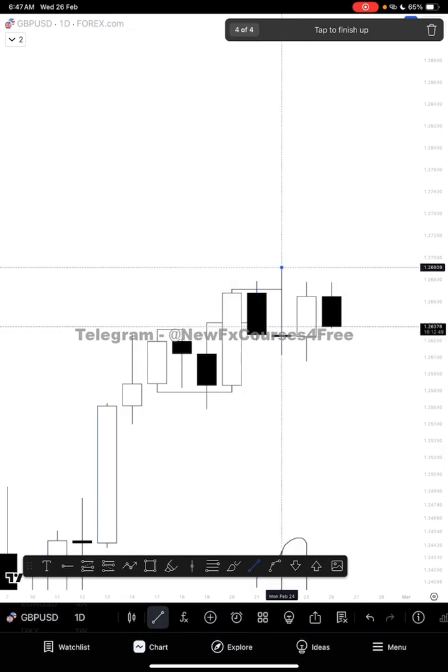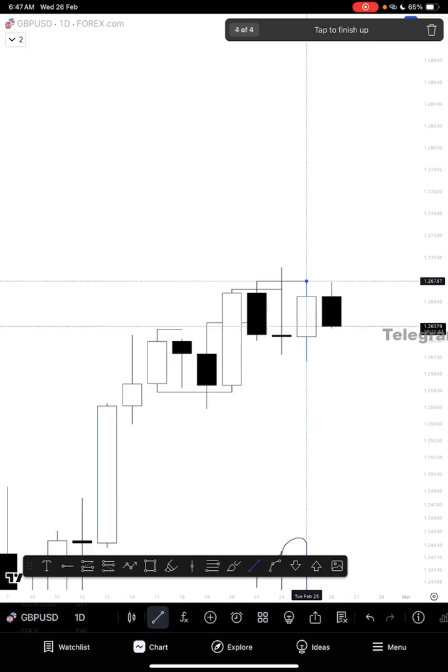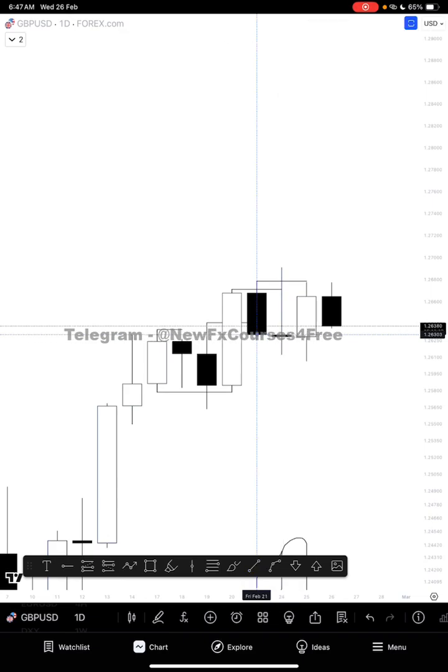All this was actually a manipulation move here. So it swept this high again, then closed below. Thus, you could have actually taken some profit off this daily candle range here.